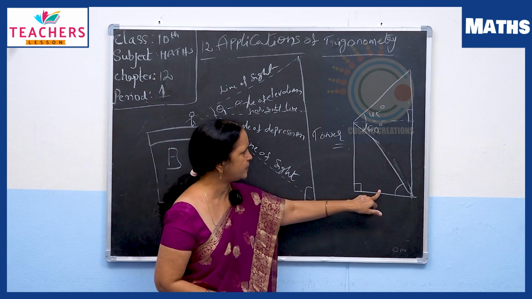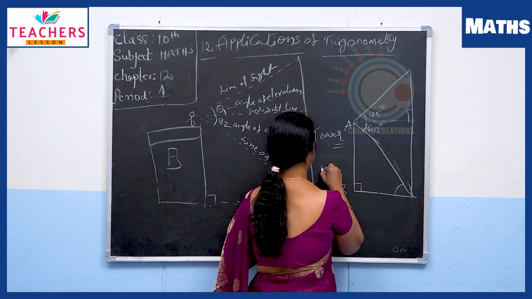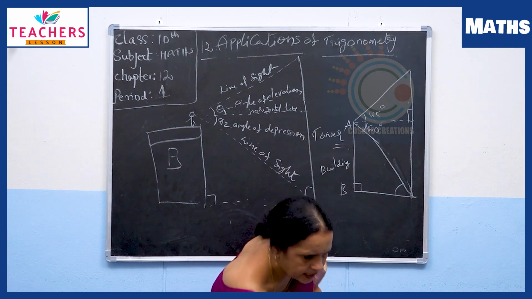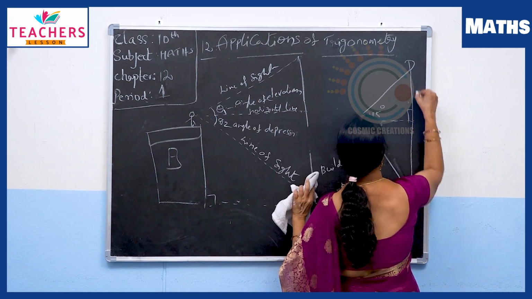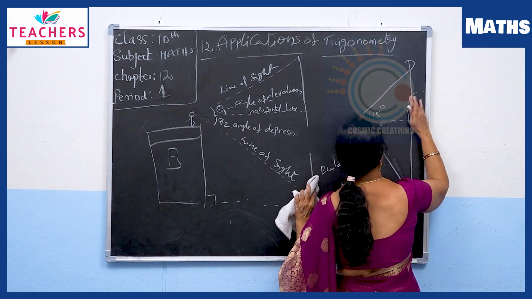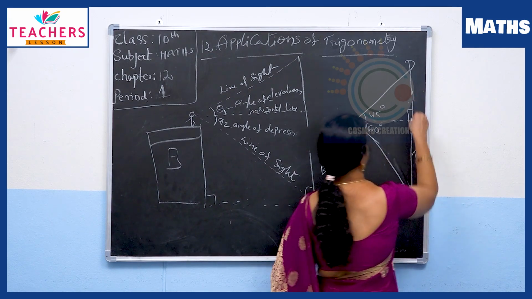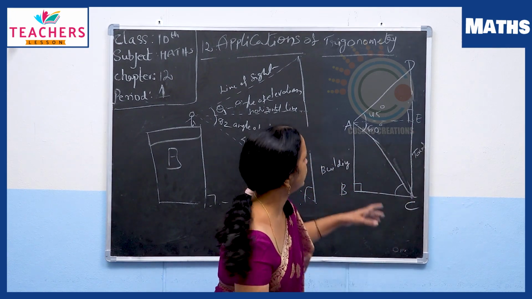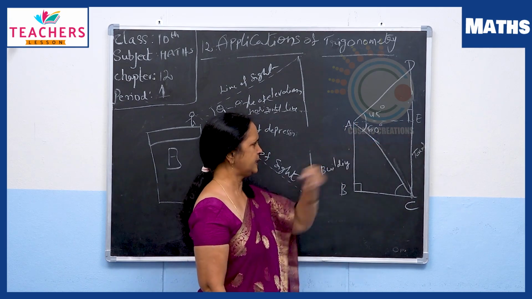Let AB be the building, and CD the tower. The horizontal line drawn from her eye to the tower meets it at E.